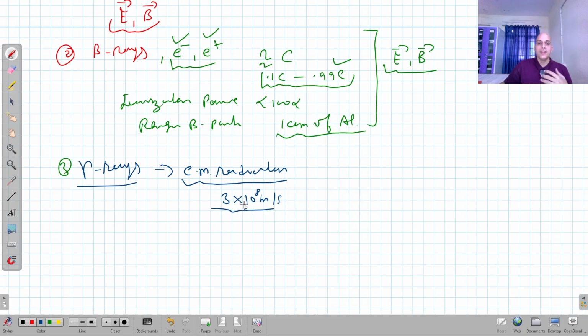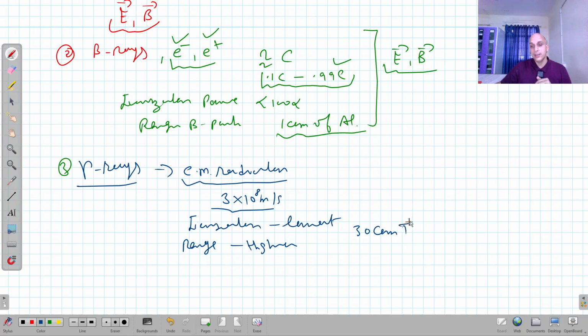As far as their ionization power is concerned, their ionization power is lowest in all these three categories, alpha, beta and gamma rays. Lowest ionization power, but the range is highest. I mean, their penetration power is highest, right? They can even penetrate through a 30 centimeter thick iron sheet.